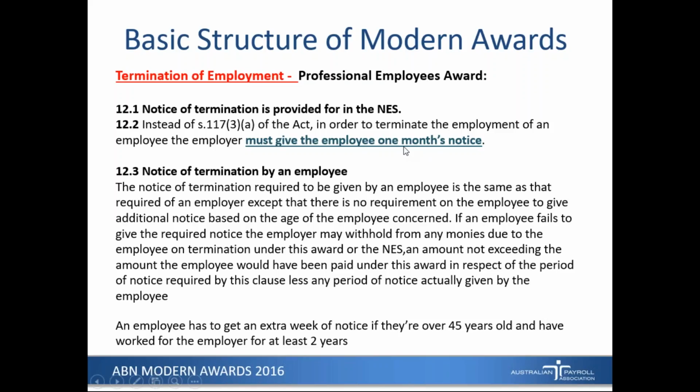Under the National Employment Standards, as a separate entitlement, employees who have been with their employer for at least 2 years, and are over the age of 45, get the extra week.